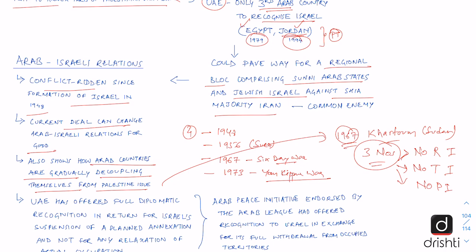Now under this deal, the UAE has offered full diplomatic recognition in return for Israel's suspension of a planned annexation and not for any relaxation of the actual occupation. And that is why the Palestinians are feeling betrayed by the UAE's action. As in this deal, it seems that the UAE has only been able to stop Israel from what it was planning to do, and no territorial gains have accrued to the Palestinians.